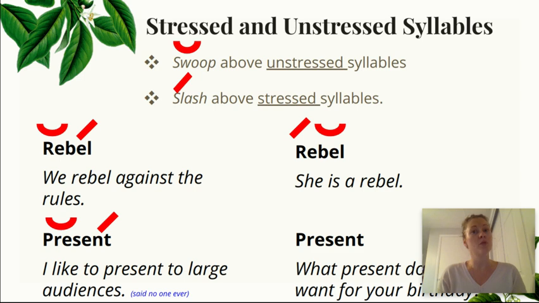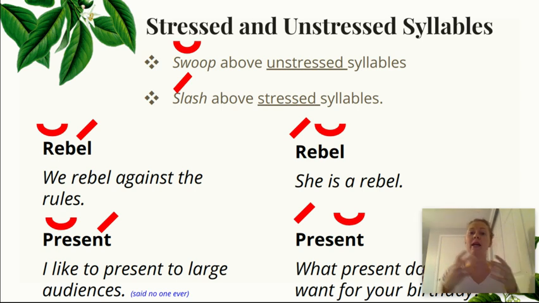Present. Where is the stress in that word? Is it on the first syllable or the second syllable? Yeah, it's on the first syllable. The first syllable is stressed and the second syllable is unstressed. So as you can hear, if you move the accent mark, if you change the stress, it changes the meaning of the word.